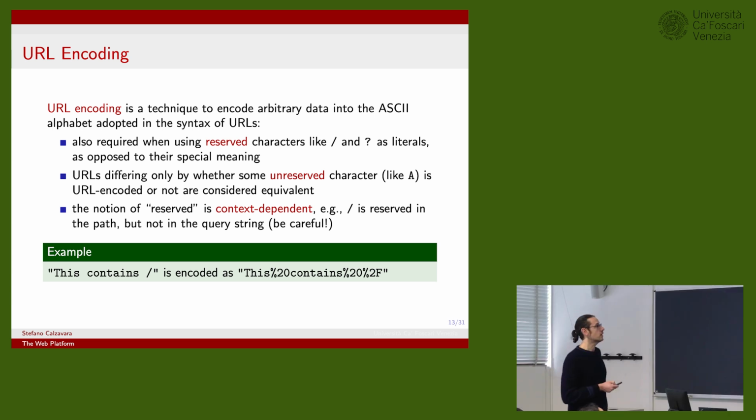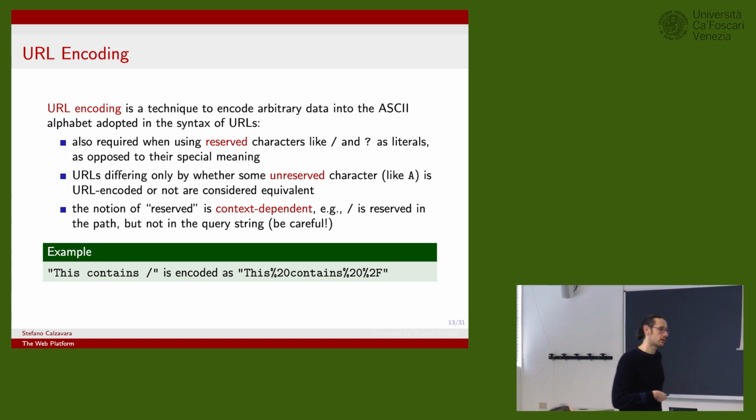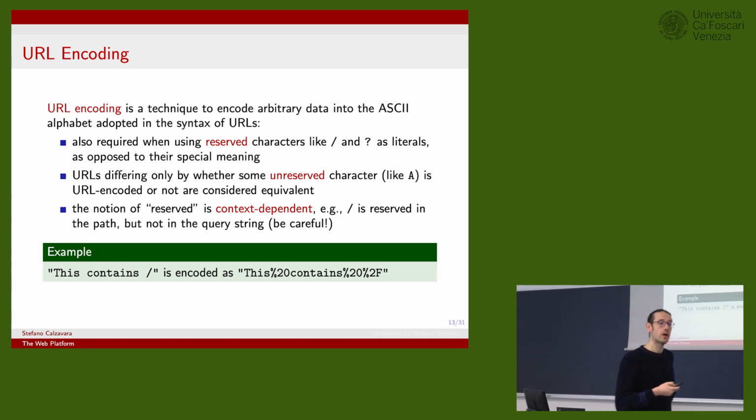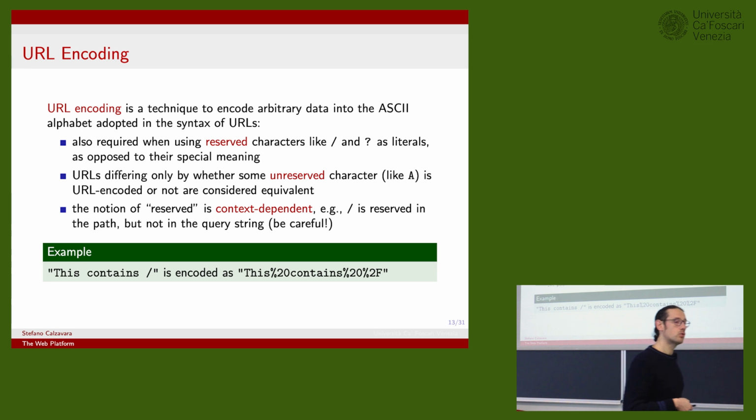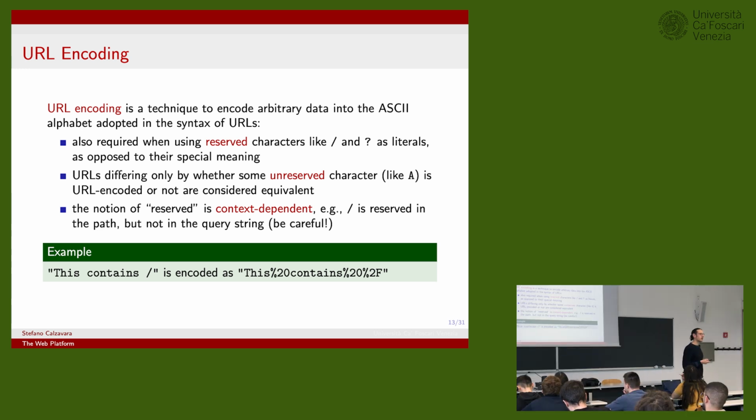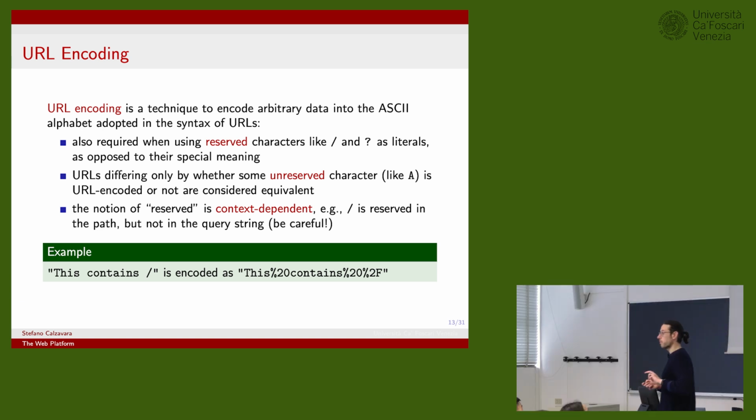Since the URL is built on top of the ASCII alphabet, but you may want to create URLs containing non-ASCII characters, you have a way to encode non-ASCII characters in the ASCII alphabet. That's the encoding procedure. It's a translation from non-ASCII characters into ASCII characters. That's what is called URL encoding.